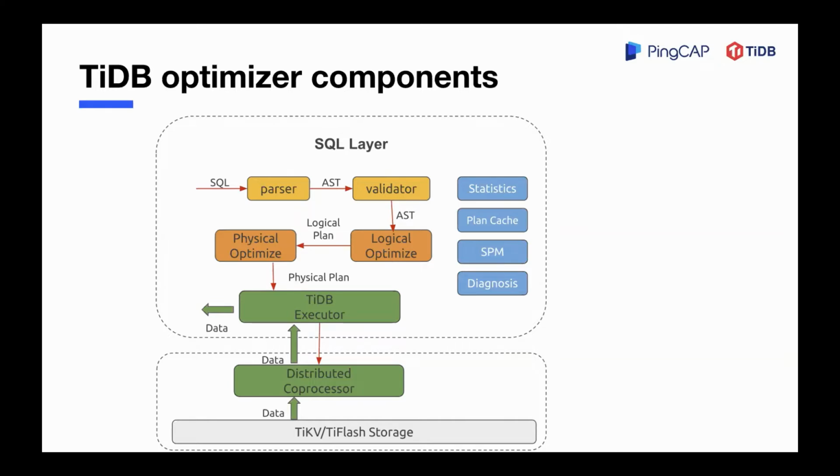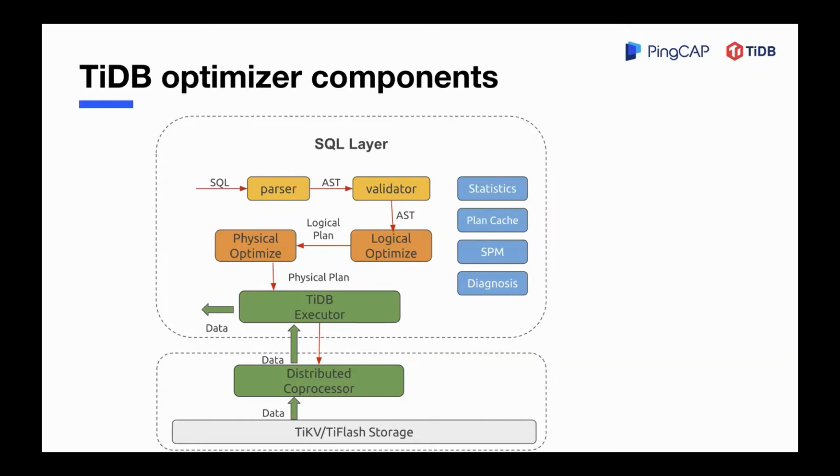If we validate the query is okay, then the AST will pass to the logical optimization phase. At this stage, the TiDB optimizer will do the query rewrite and some query transformation, and then the logical plan is generated. The logical plan will pass to the physical optimization stage. At that stage, we choose the efficient implementation for each operator.